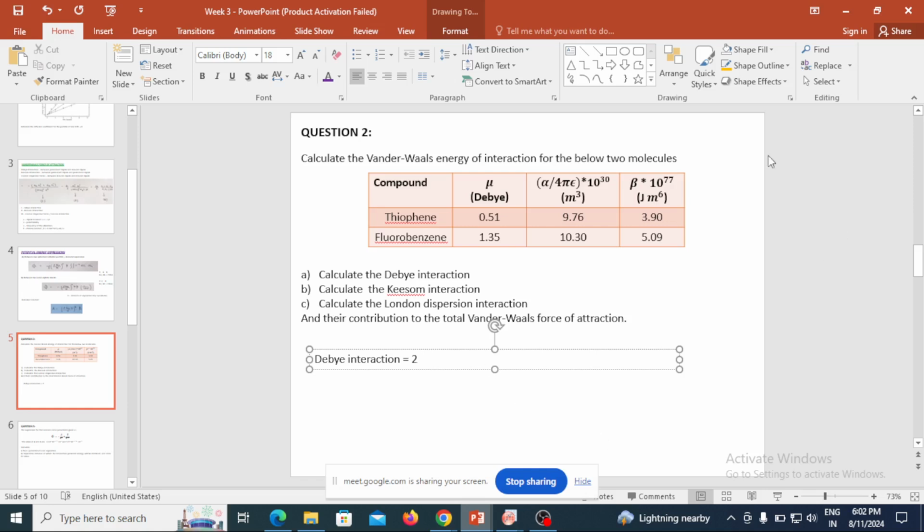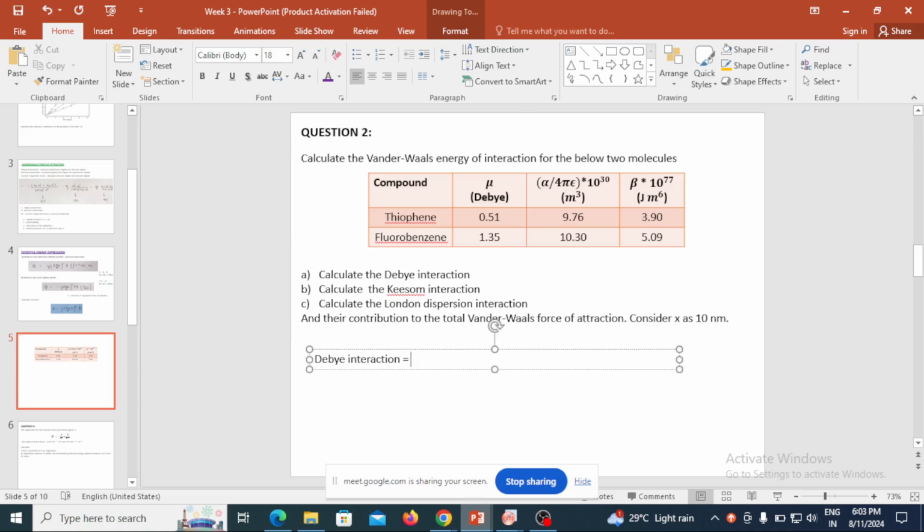Okay, just a minute, one data is missing. So here consider the distance of separation x as 10 nanometers. Now I think it will be complete.